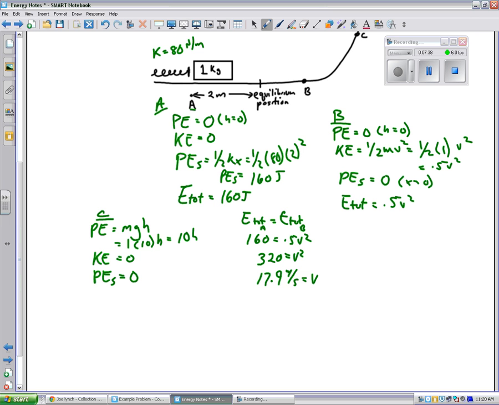And now our E total here is 10h. Now I have to set that total equal to another total, and I already know at A the total is 160, so E total at A equals E total at C. So 160 equals 10h, so h is going to be 16 meters.